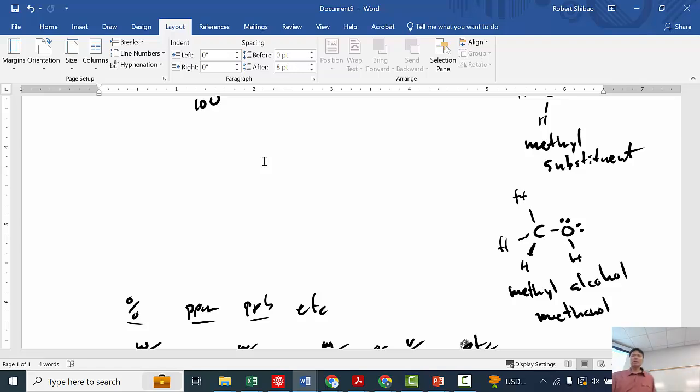There's another name for methyl alcohol. This is called wood alcohol. Do you know what wood is made of? Interestingly enough, wood is made up of glucose. Glucose is another alcohol, but it's a sugar alcohol.